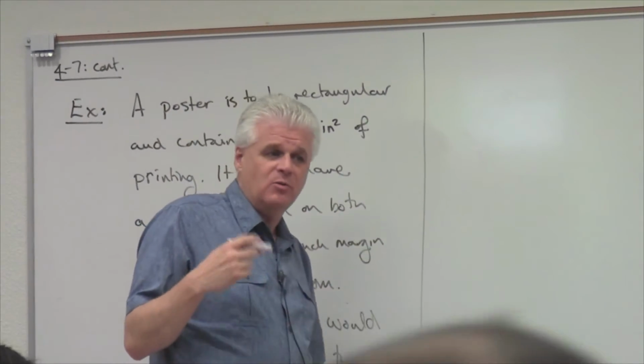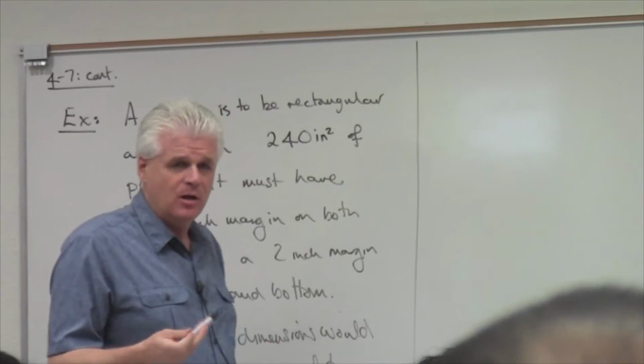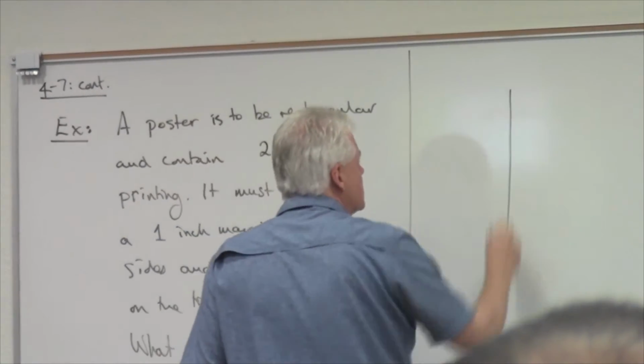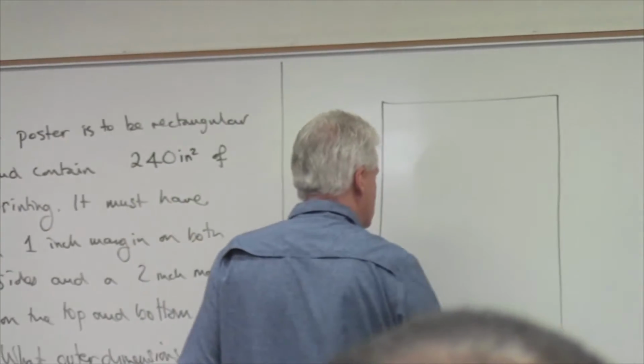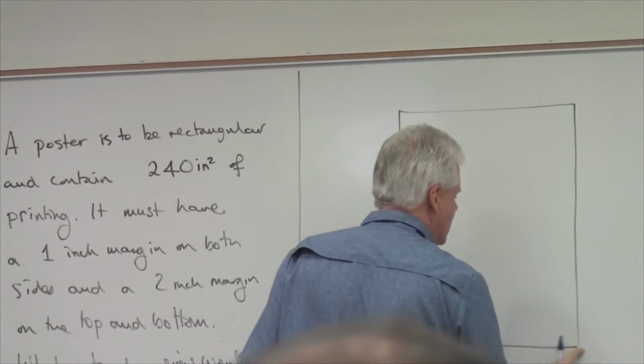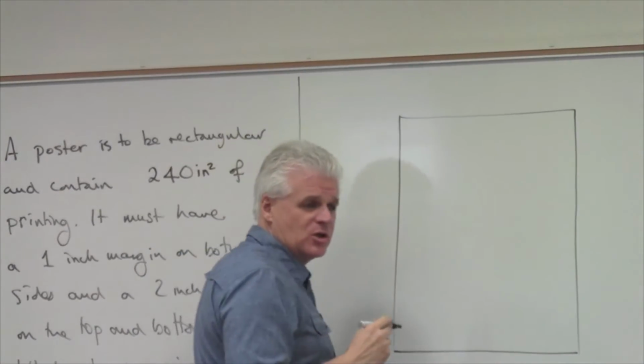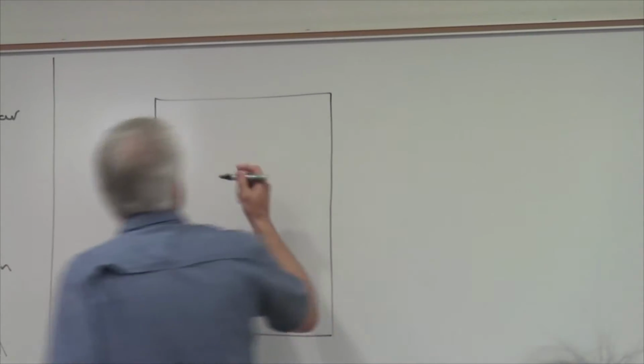We draw a picture. We attach some variable names here. We get going with that stuff. So let's draw a picture. So here we go. Here's our poster. And I'm going to put my margins in. I'll put my 2-inch margins top and bottom and my 1-inch margins on the sides.